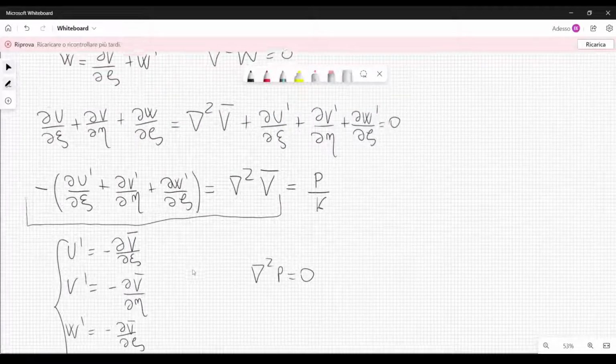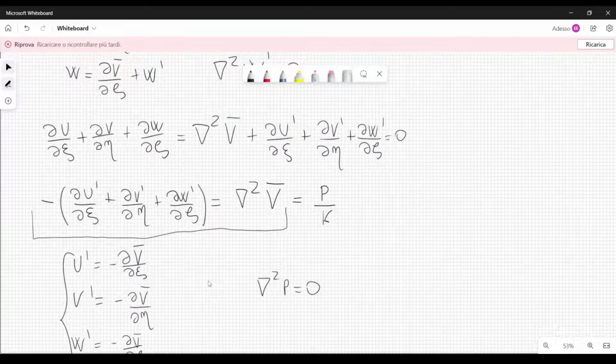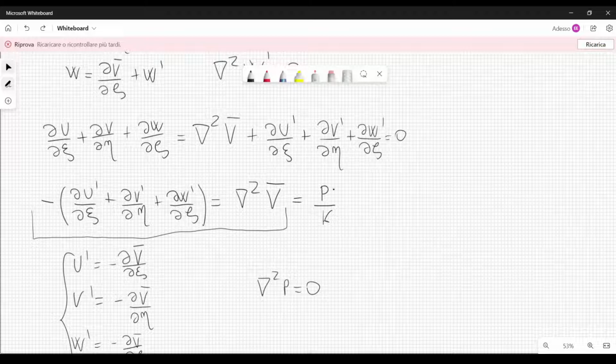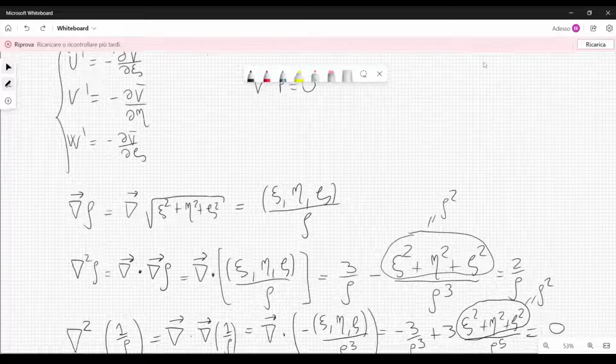The relations are here. We started from here, where we had P and V bar, but we have to assume that this is also satisfied by P0, V0 bar and PE and VE bar, because they must be solutions. So we will find solutions, and if they are solutions, they must comply with this equation here.